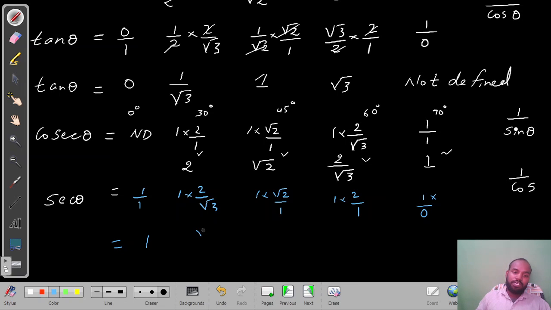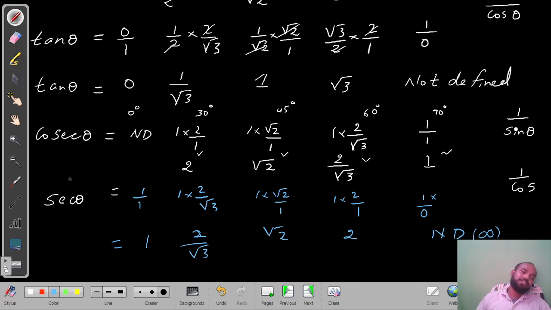Sec 30 is 2 by root 3. Sec 45 is root 2. Sec 60 is 2. Sec 90 is not defined. We can also write it with the infinity symbol. Somewhere you will see these symbols too: infinity, not determined. Okay, so these are your sec values.